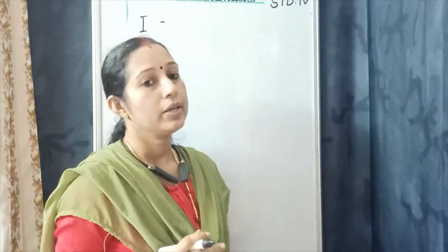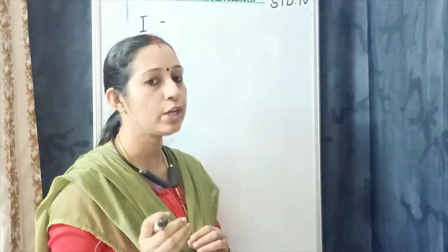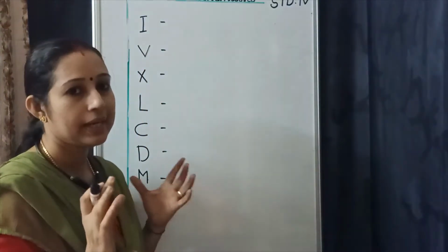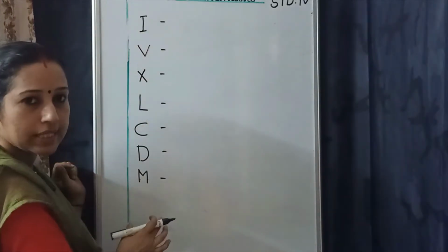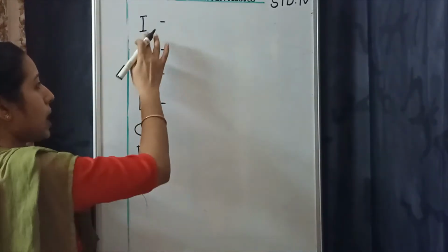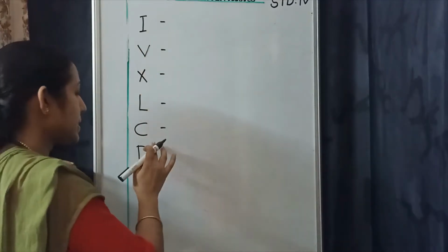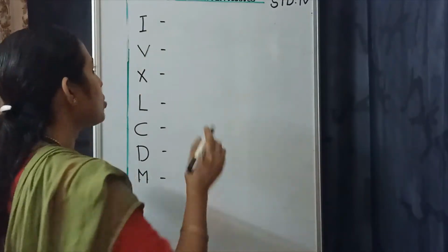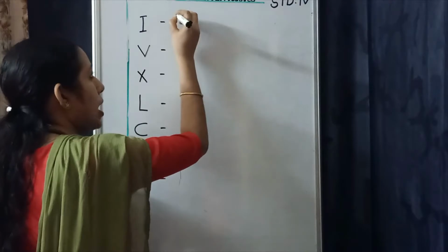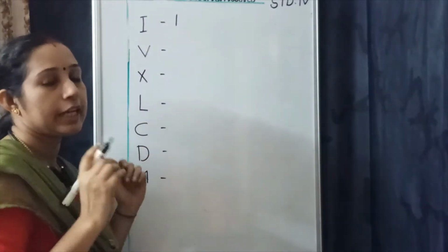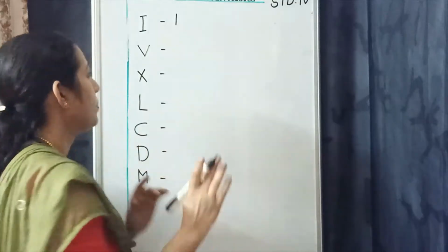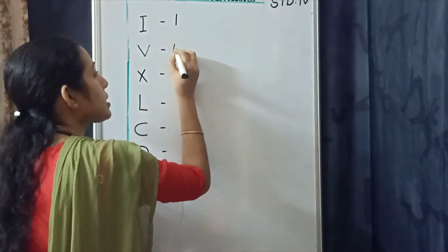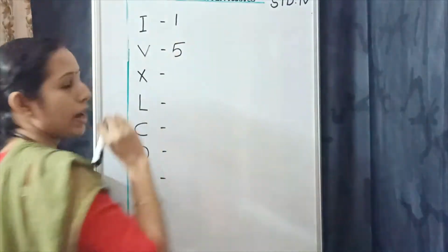Now let's see what the value of each symbol is in Hindu-Arabic numerals. These are the symbols in Roman numerals: I, V, X, L, C, D and M. The value of I is 1, and the value of V is 5.